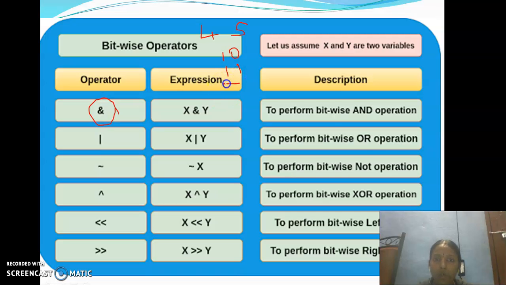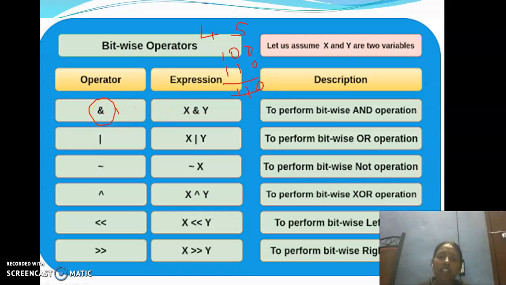Right? Now, what is meant by the AND operation? If both are 1, then the result will be 1. If x is 0 and y is 0, then the result will be 0 for AND operation.